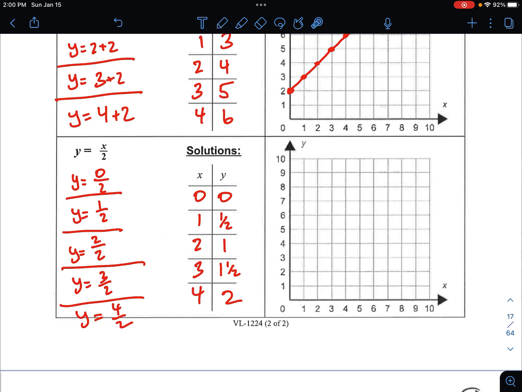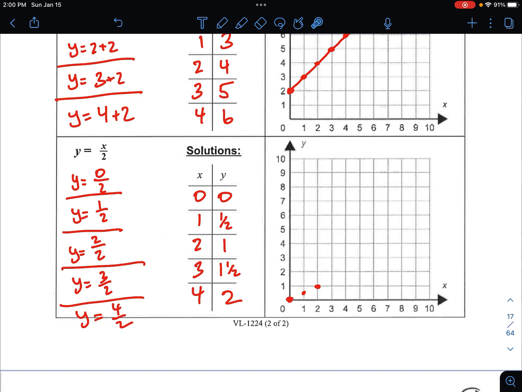So 0 and 0 is right over here. 1 and 1 half. So 1 for the x, 1 half is not quite right there, it's halfway. So it'd be right there. 2 and 1, that's 2 over here, 1 up there. 3 and 1.5, that's 3 on the x, 1 and 1 half.